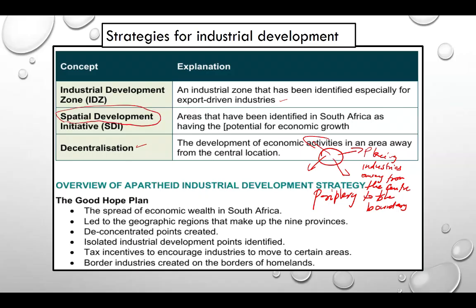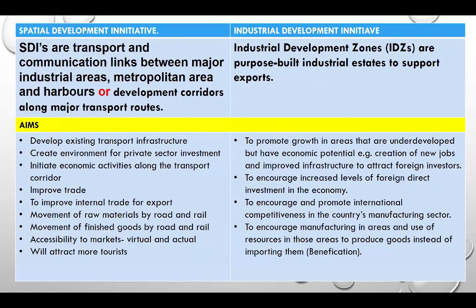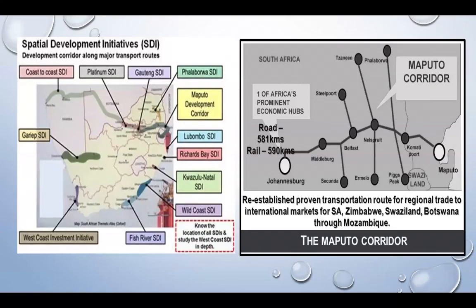You should be able to give the characteristics of a spatial development zone. So if you want to define a concept easier, let's look at this one, the PWV. You see, you're looking at this place, this place, this place. And this is an SDI.